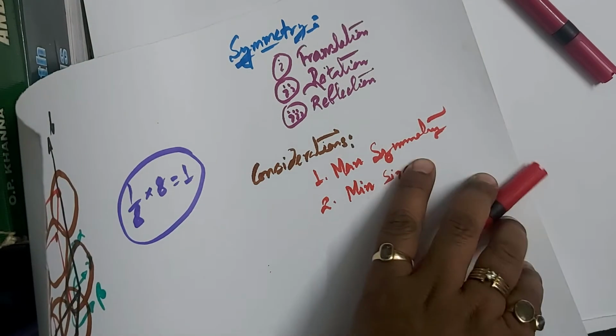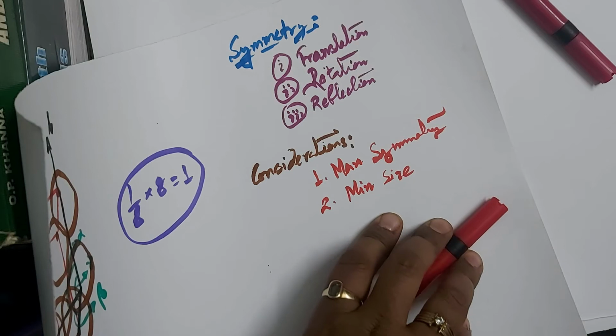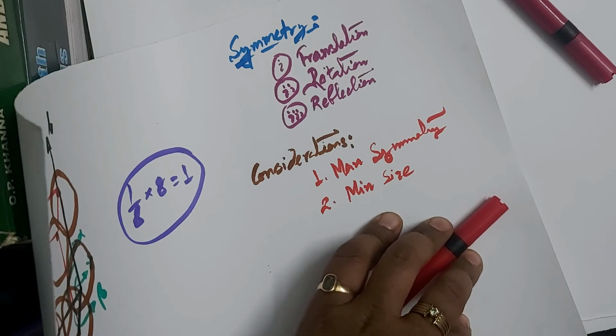And these are the different types of symmetries. So Bravais concluded that there are only 14 possible space lattices or unit cells which have maximum symmetry within minimum size. These 14 possible space lattices belong to 7 crystal classes.